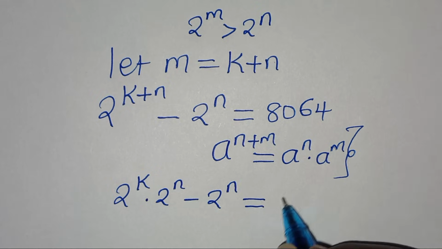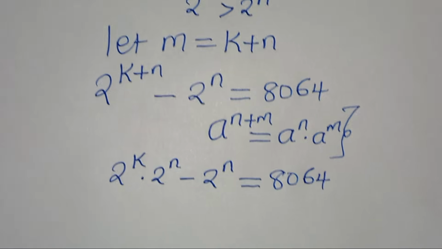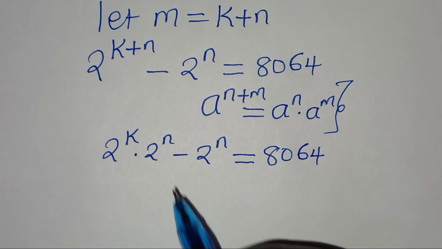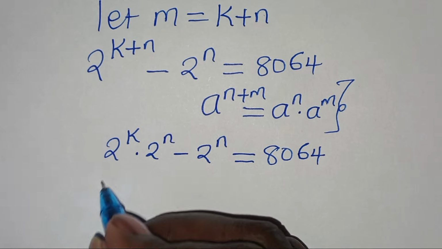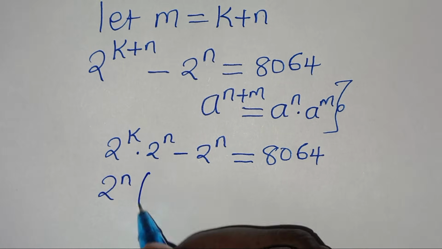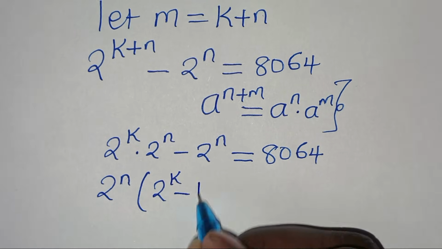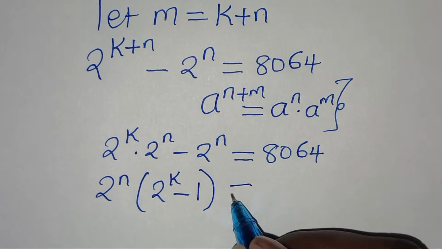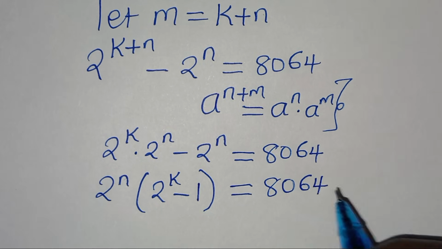This is equal to 8064. Now, we have that 2 to the power of n is common here, so we can factor out 2 to the power of n. Into the parentheses, we have 2 to the power of k, subtract 1, close the parentheses. This is equal to 8064.